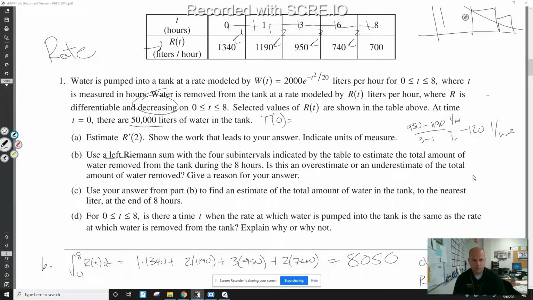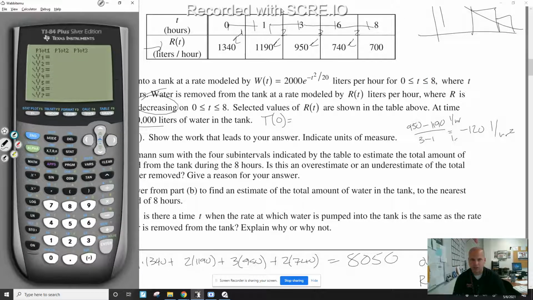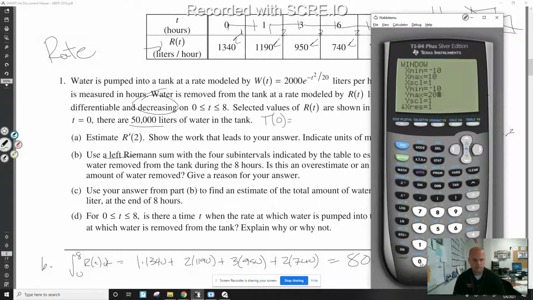I could either graph W or I could literally just plug in 0 and 8 into W. But it's probably best to look at it and to talk about its characteristics, like, this function is increasing the entire time, or this function is decreasing the entire time. I'm going to have to adjust my window probably to be pretty significant.